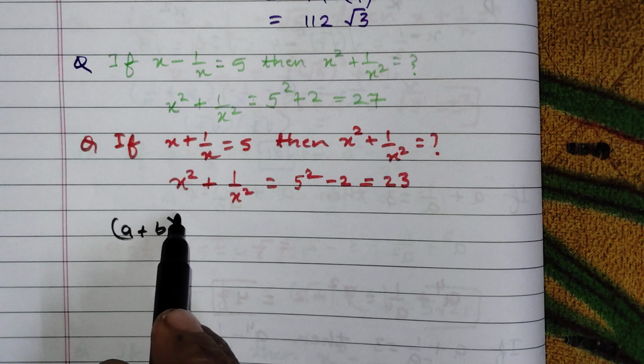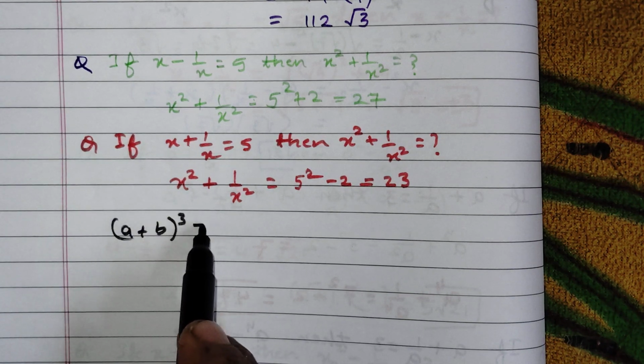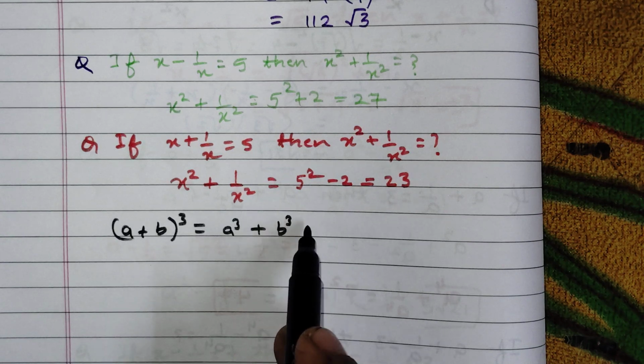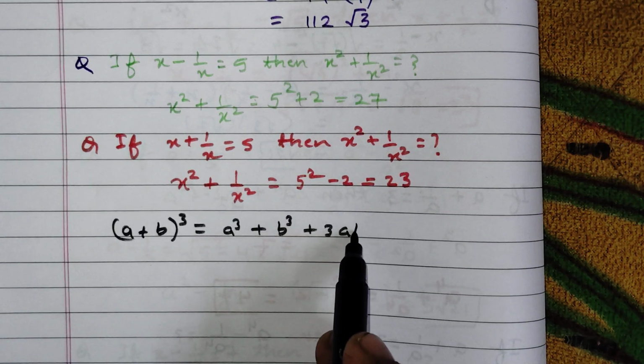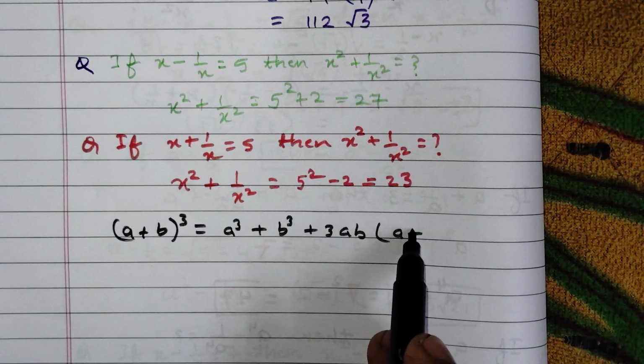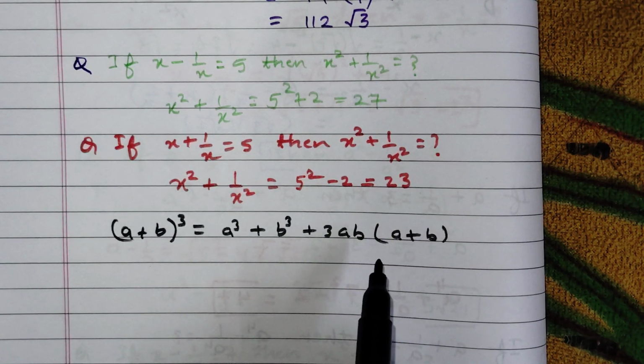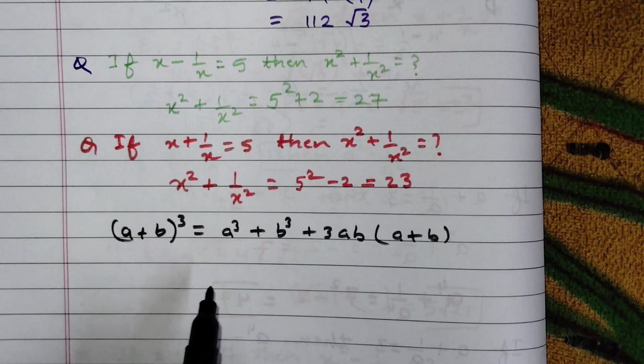Now the next important identity we are generating here is a plus b whole cube. Its formula we have to remember. The formula is a cube plus b cube plus 3ab bracket a plus b. This is the general a plus b whole cube identity.